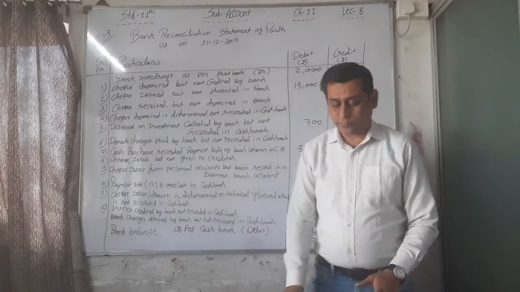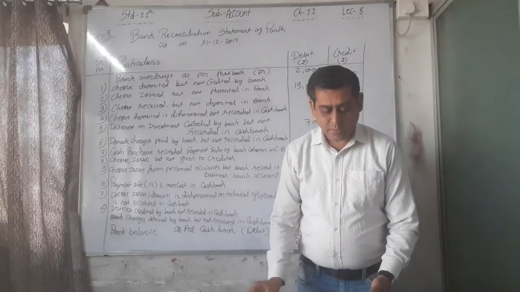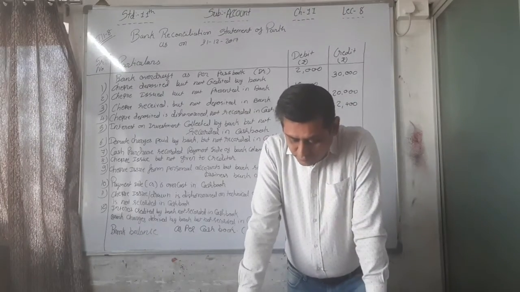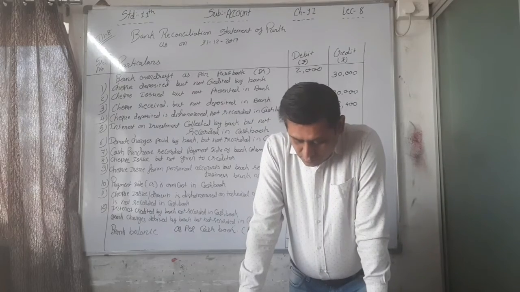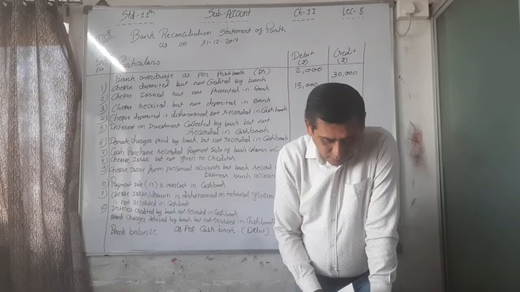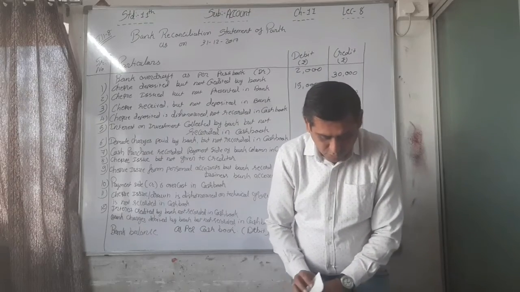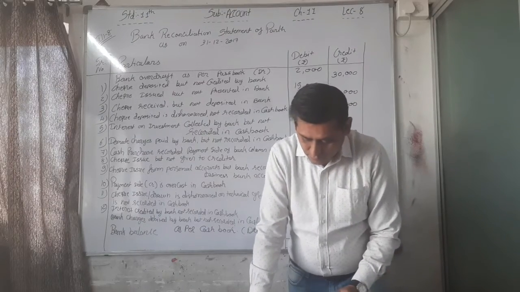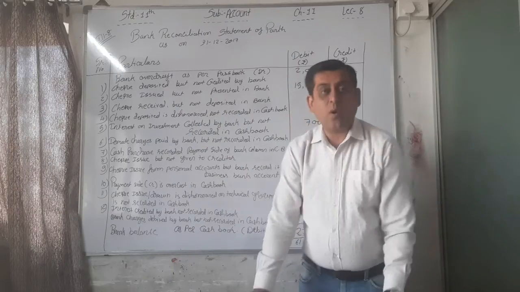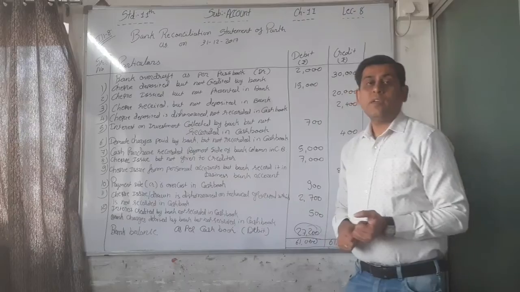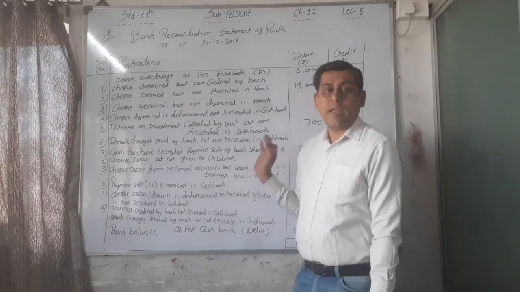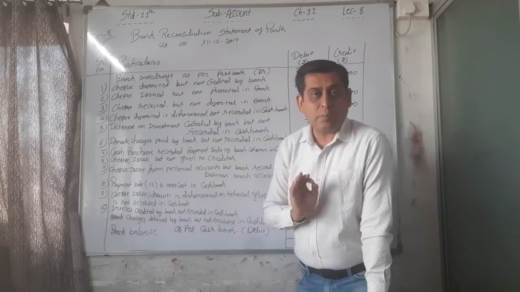So in the exercise also, the last sum is the ninth one. Your homework is only the ninth sum, and this one is just like illustration number 8. So please do this sum by yourself.